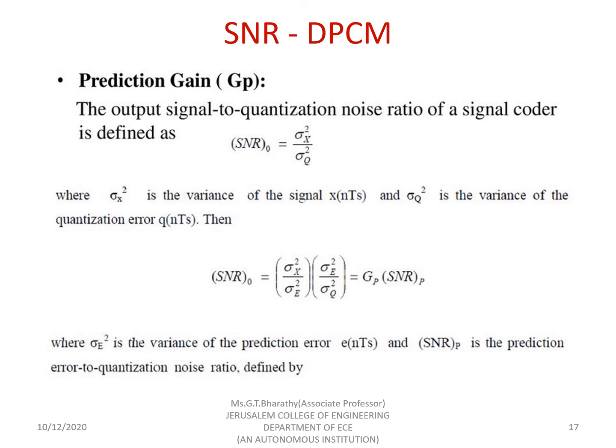Now the signal to noise ratio of DPCM. The signal to noise ratio at the output is equal to sigma squared x by sigma squared q, which is the ratio of the variance of the signal to the variance of the quantization error.